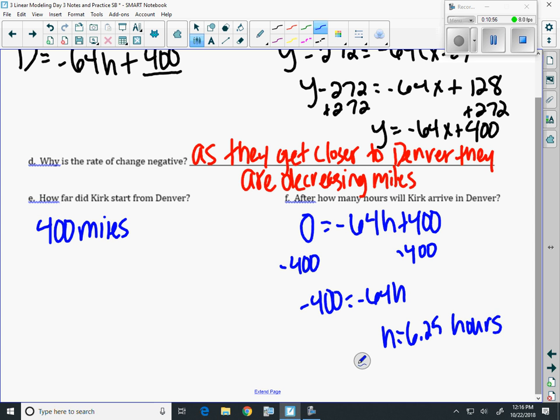I'm getting 6.25 hours. Do you agree? Now, is that 6 hours and 25 minutes? No. We know it's 6 hours. How do we find what 0.25 of an hour is? You multiply 0.25 times 60, because there are 60 minutes in an hour.